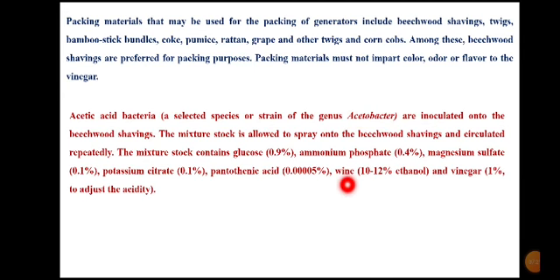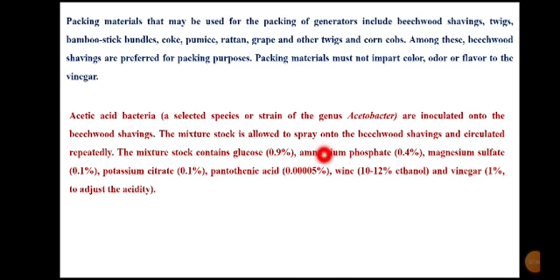Then this mixture will contain the substrate. The substrate we need is ethanol. So there is addition of a source of ethanol, that is wine, containing 10 to 12% of ethanol.